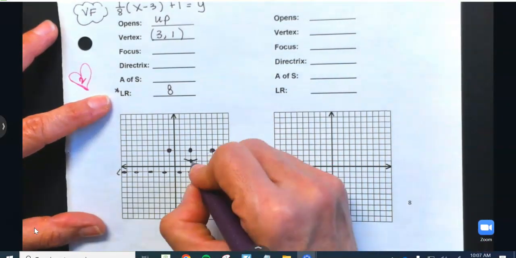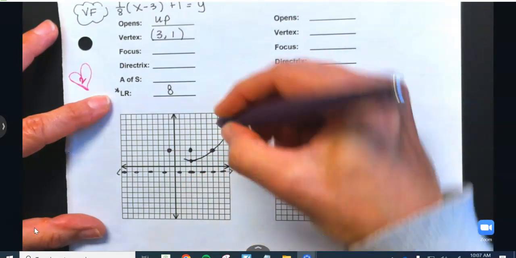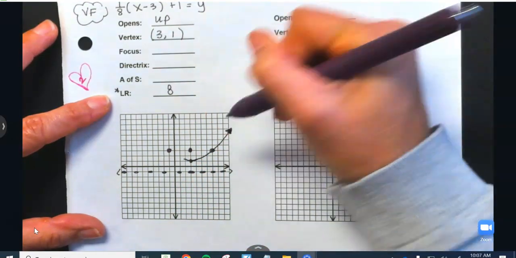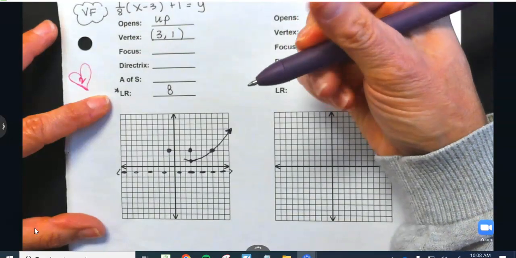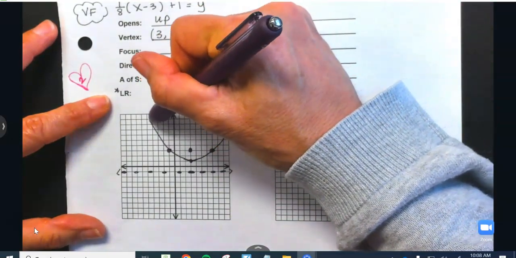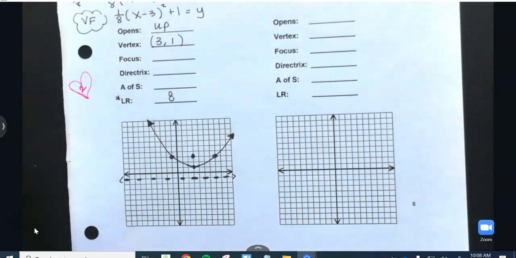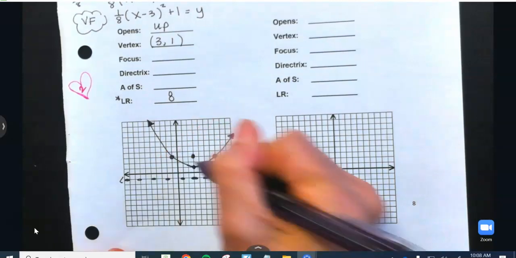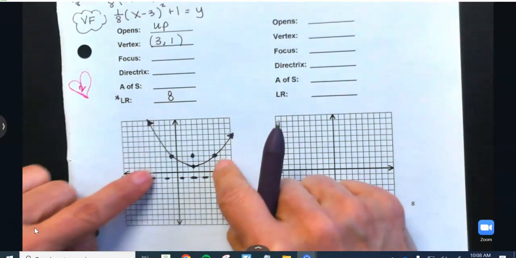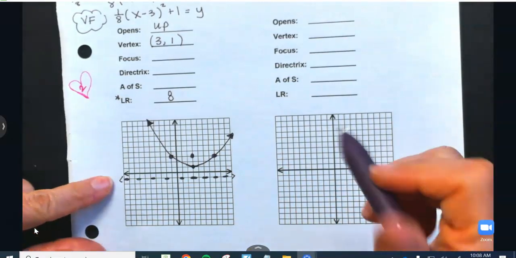All right, now I'm going to draw the curve. And y'all, I might be a little over picky about this, but y'all are in pre-cal. You got to bring your A game on these graphs. They need to be pretty much on point, pretty much accurate. Your arrows need to go to the edge of the picture. I need to see your dots. I need to see your directrix.